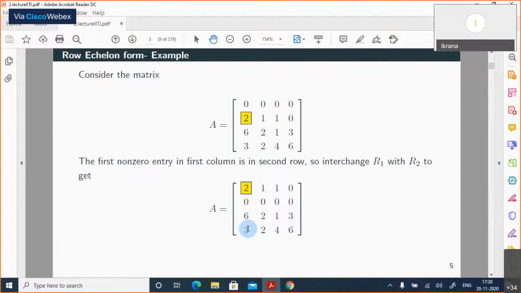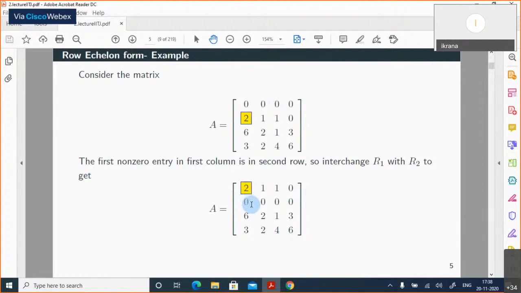And similarly, we make this entry 0 by multiplying the first row by -3 by 2 and adding here. So that will become 0. So what will happen? This will be 2, 1, 1, 0, and below that, everything will be 0. And these entries would have changed. That is okay. So that is step 1.